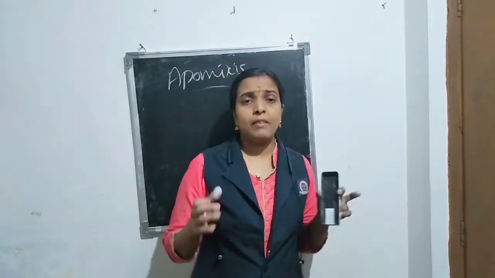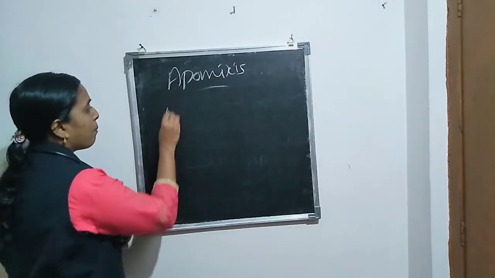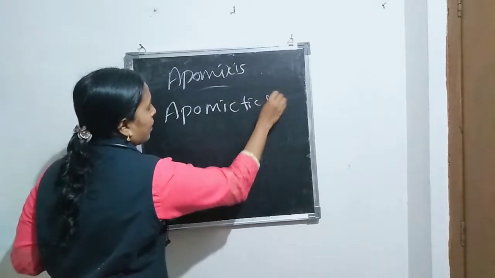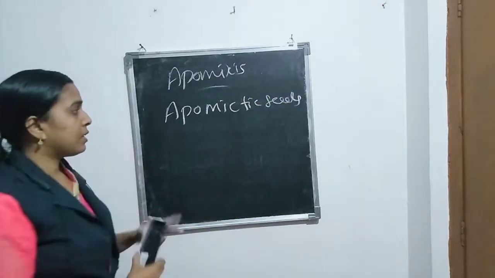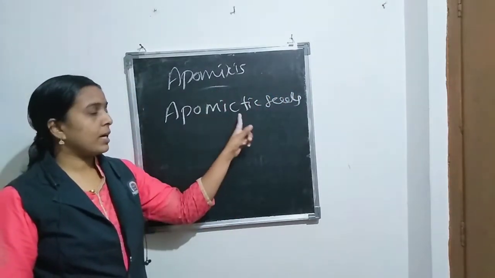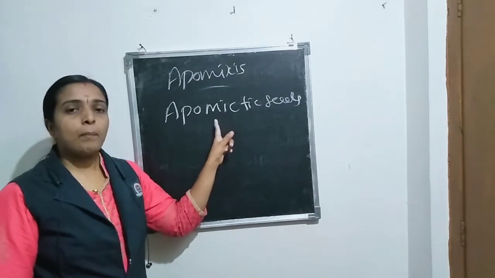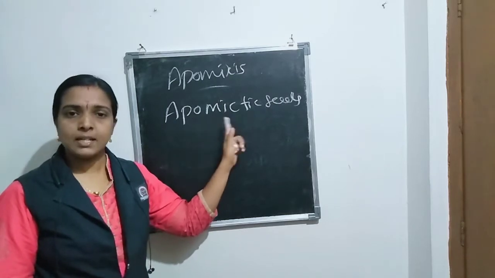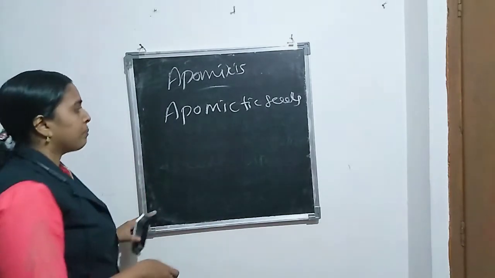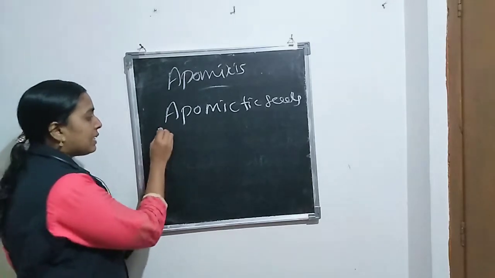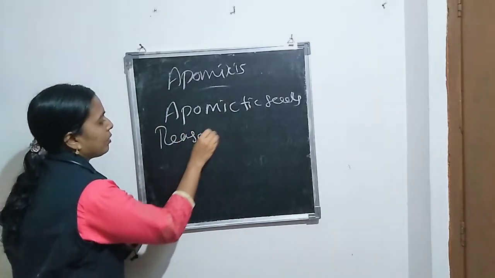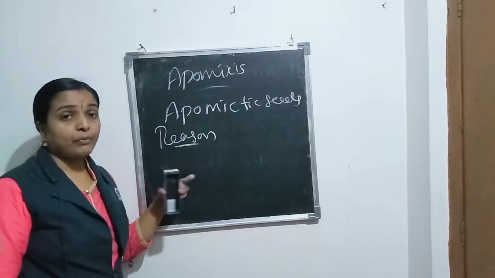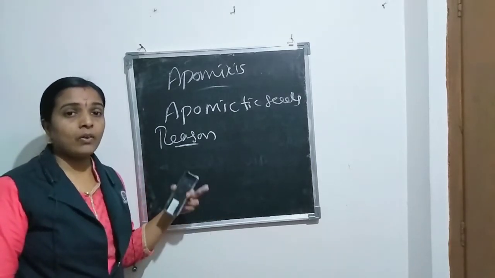The seeds that develop through this process are called apomictic seeds. For apomictic seed production, there are two ways. We can ask like this: the reasons or the ways.